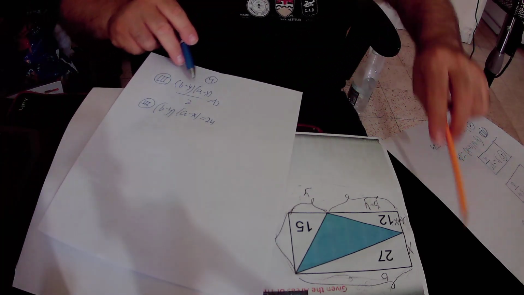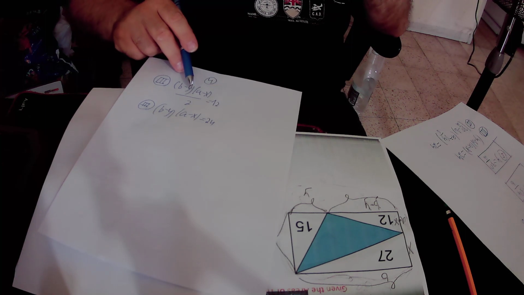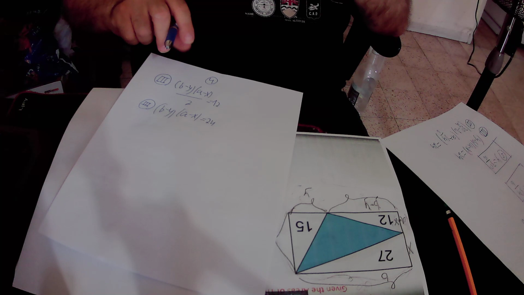We will substitute y by 30 over a and x by 54 over b.